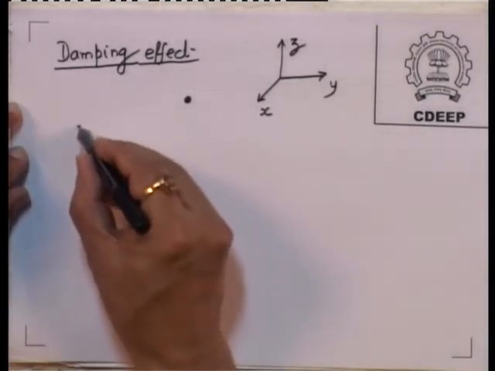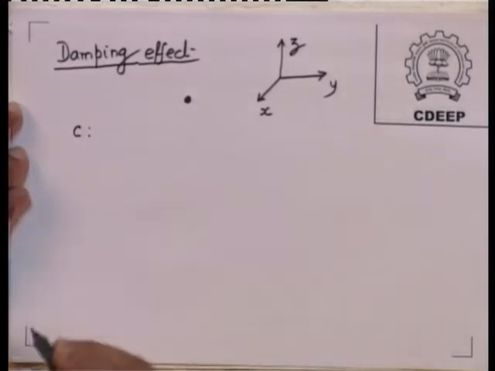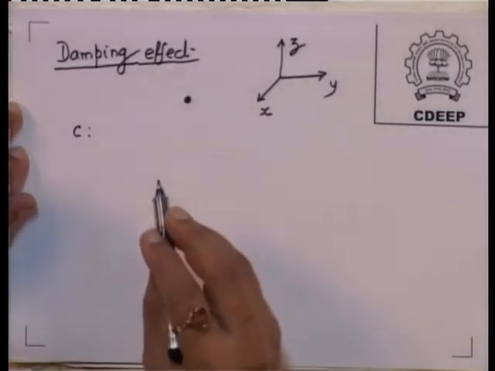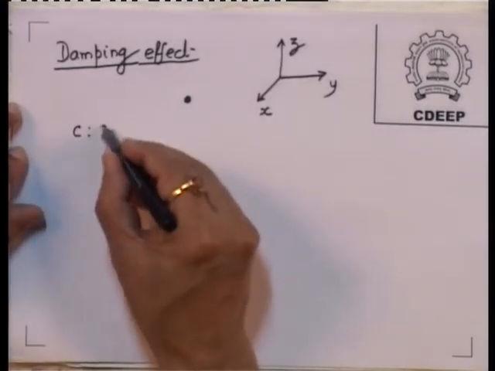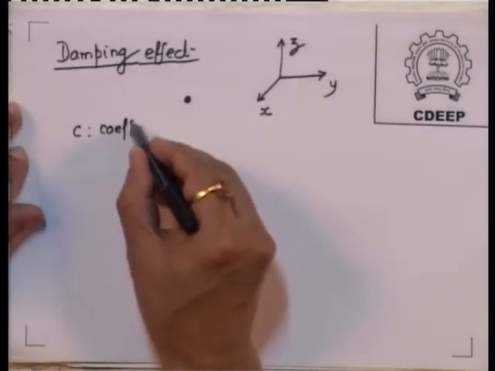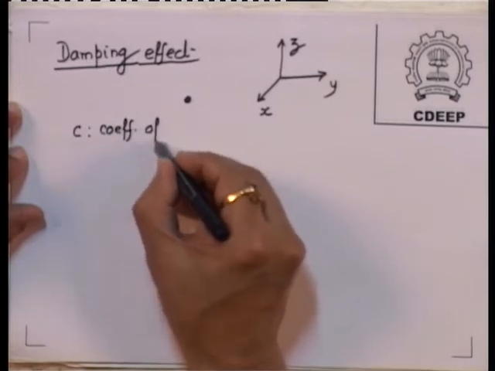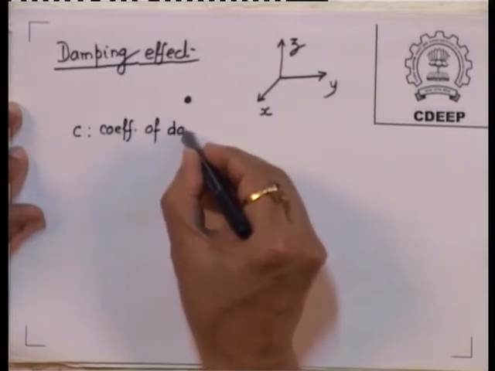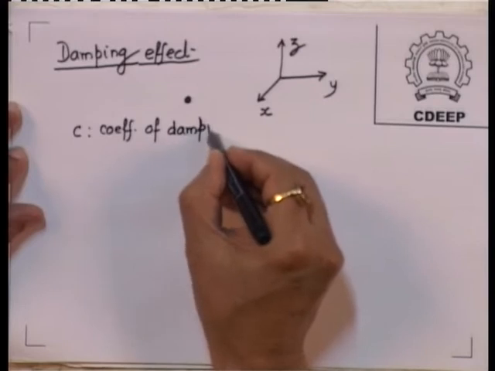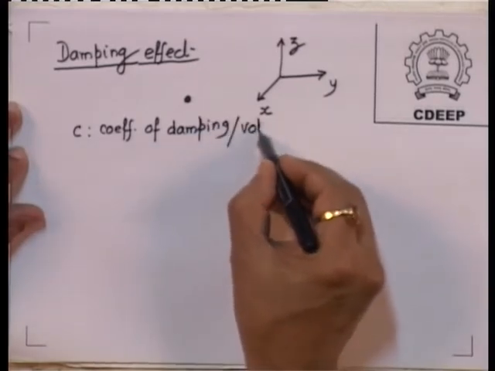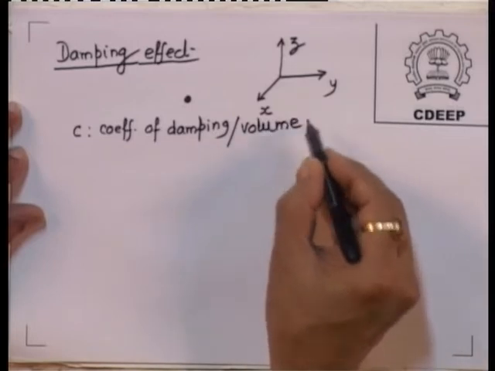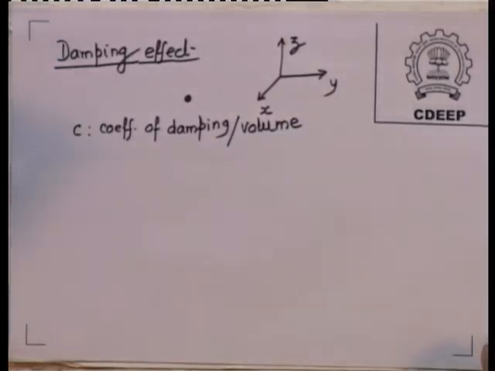There is something called the coefficient of damping, which we denote by C, just like mass density, per unit volume.